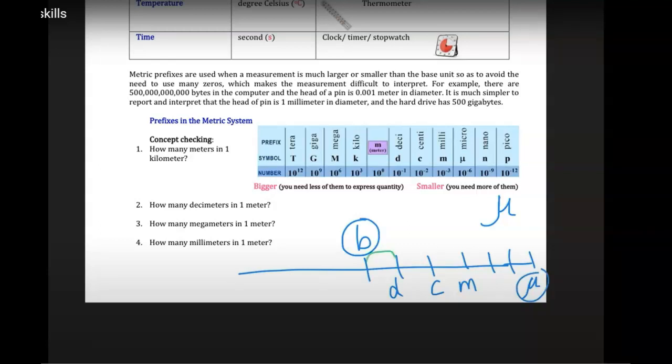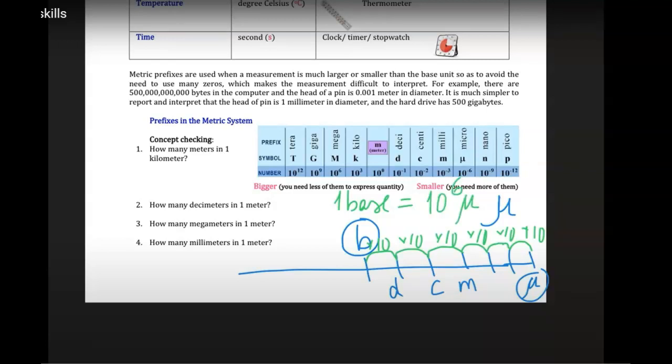So that would be 10, 100, 1,000, 10,000, 100,000, and then 1 million. Each of them is 10 by 10 by 10, right? So every time you move one more place, it's one more factor of 10. So if you count them, that means that one base, whatever it is, equals 10 to the 6 micro, for example, right? So it's 6 times multiplied by 10.